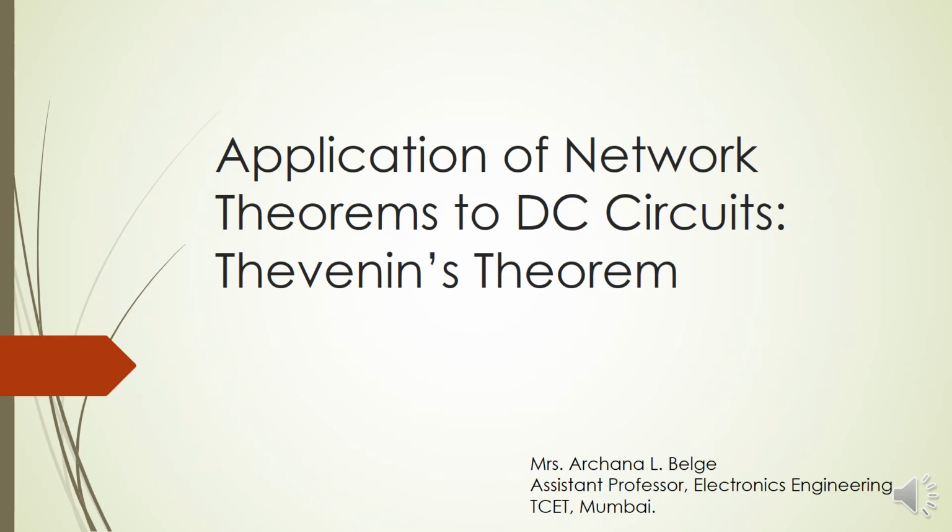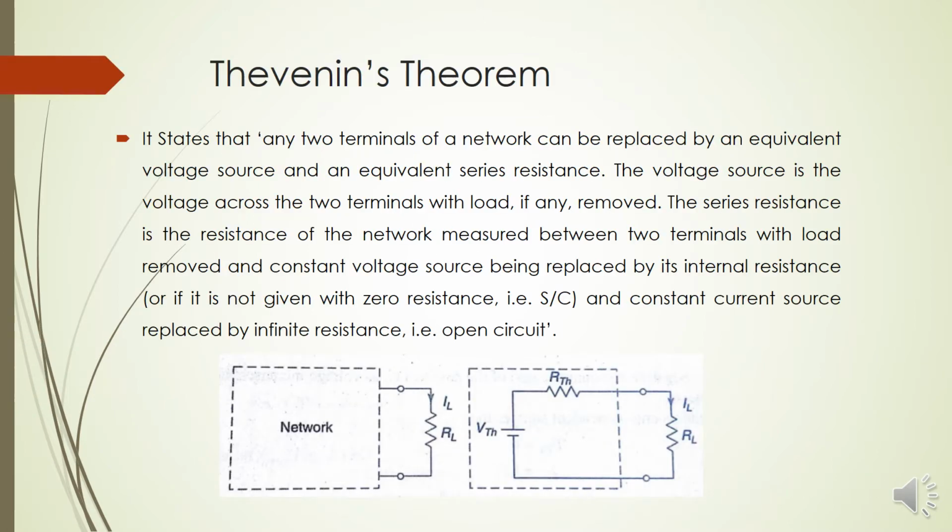Hello friends, in this presentation we are going to discuss Thevenin's theorem. It states that any two terminals of a network can be replaced by an equivalent voltage source and an equivalent series resistance. The voltage source is the voltage across the two terminals with the load, if any, removed.